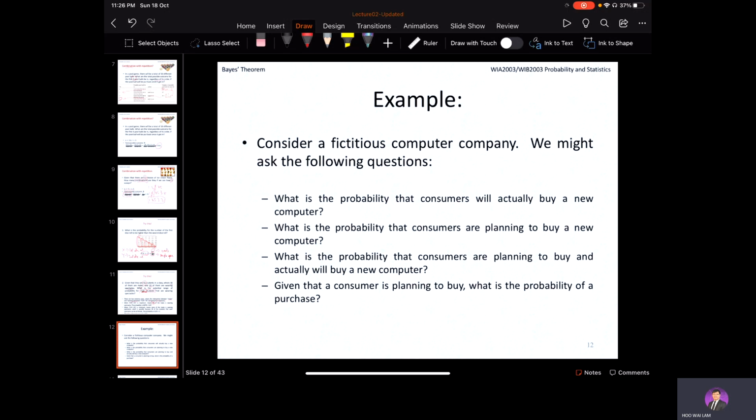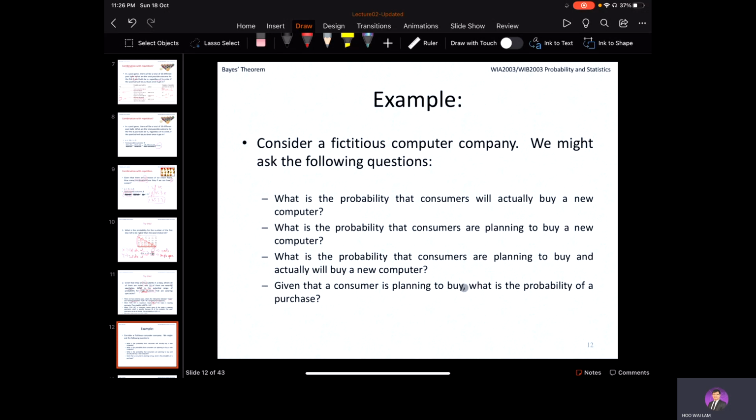So maybe you do some research and so on, but you don't really perform the buying action yet. And what's the probability that the consumers are planning to buy and actually will buy a new computer? In that case, you're having a consideration over here, and so it's an intersection. And the last one, given that the consumer is planning to buy, what's the probability of a purchase?